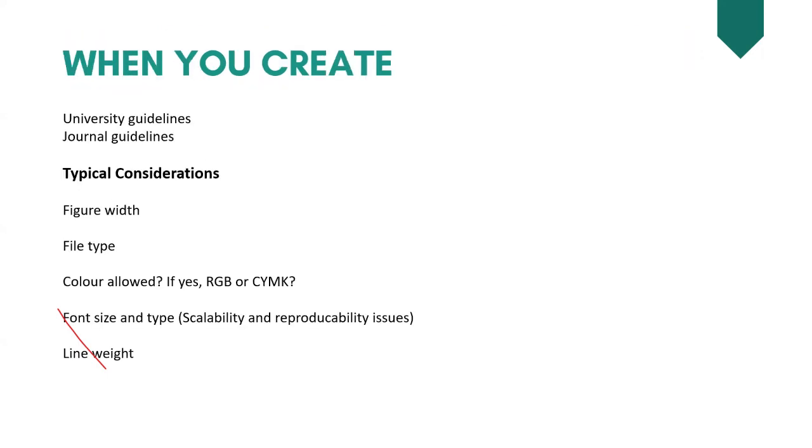So when you create a visual, think about your university guidelines, think about your journal guidelines. And often you're going to have to intersect those two so that you're addressing two end users at the same time. So a typical consideration will be figure width, the width of an image on a page.